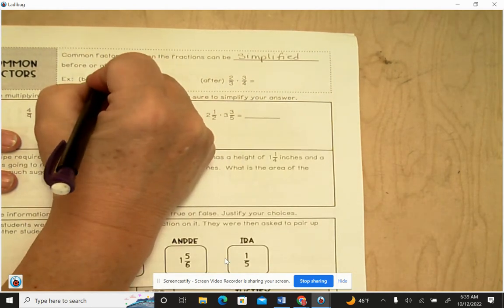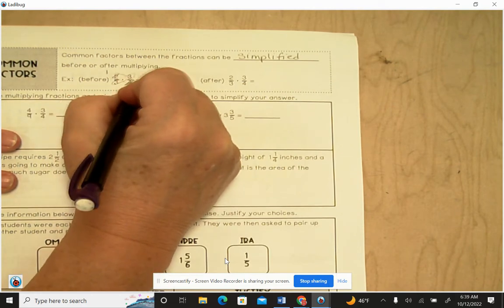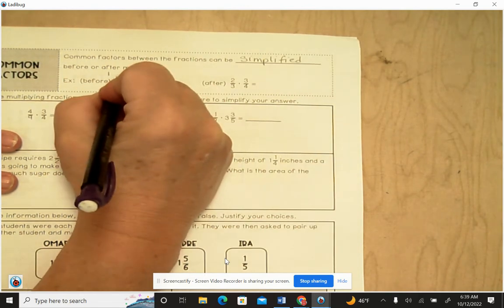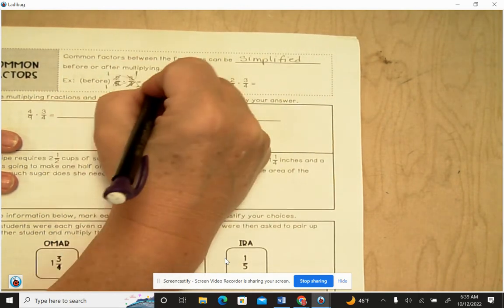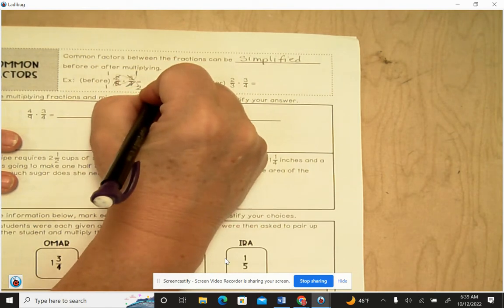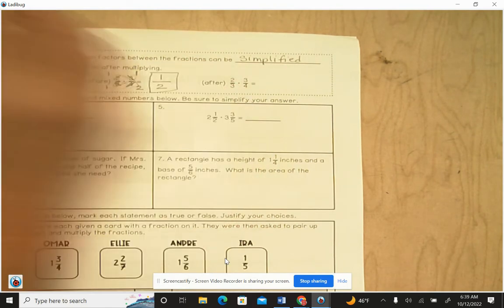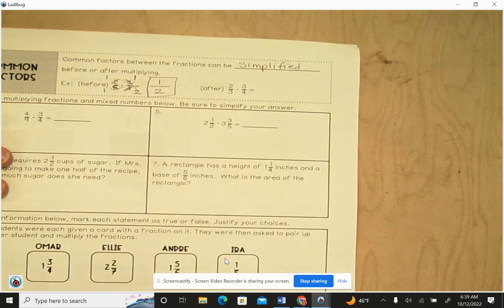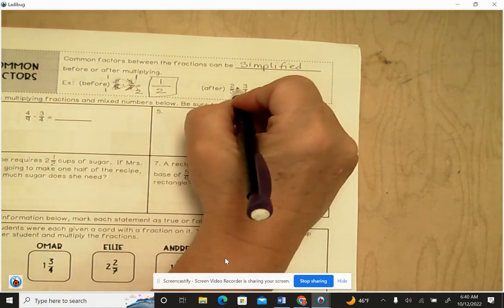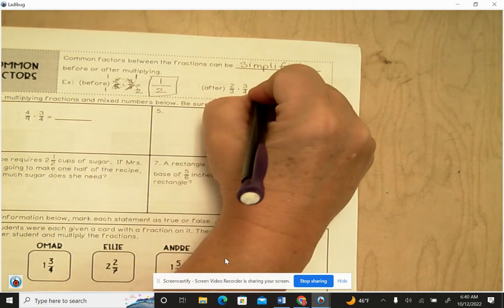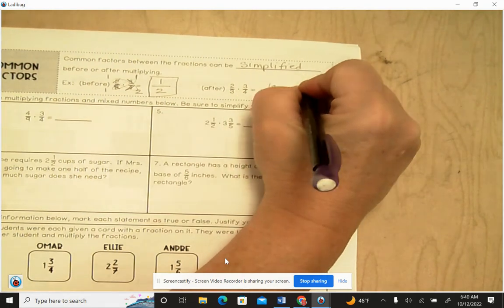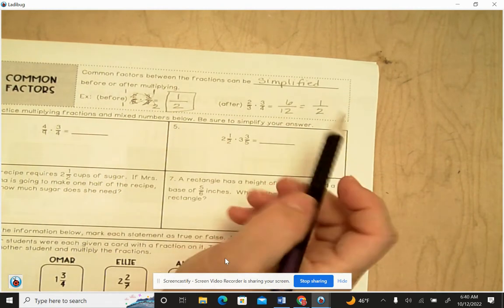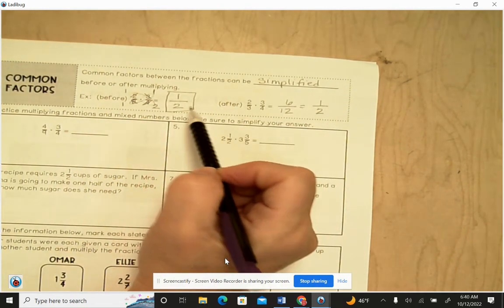So 2 divided by 2 is 1, and 4 divided by 2 is 2. And then 3 and 3, 3 divided by 3 is 1, and 3 divided by 3 is 1. When you multiply that, 1 times 1 is 1, and 1 times 2 is 2. So common factors can make that smaller for you guys. And then after, 2 times 3 is 6, 4 times 3 is 12, and when you simplify that, you get 1/2. Either way you want to do it is fine, and this can't be done all the time.